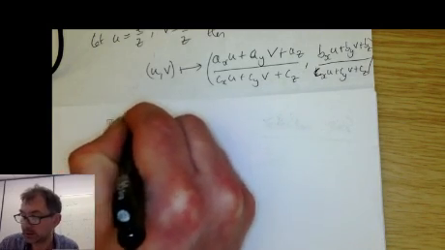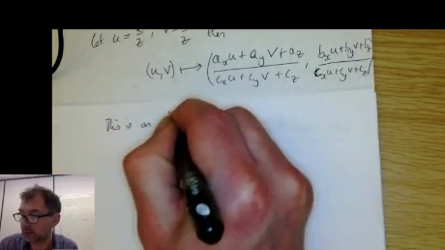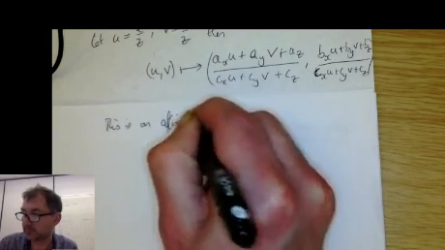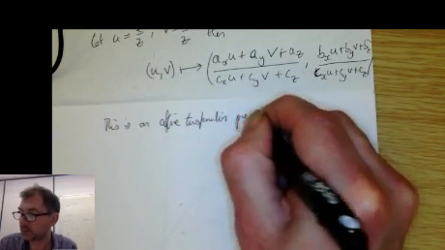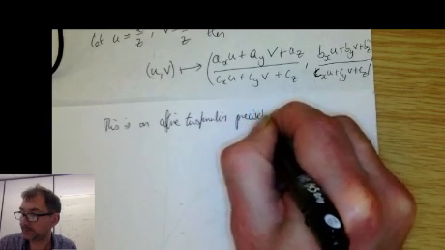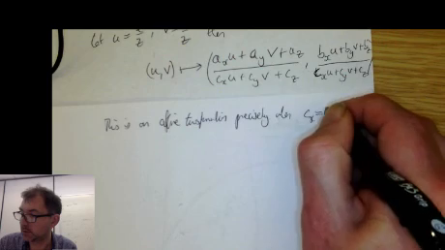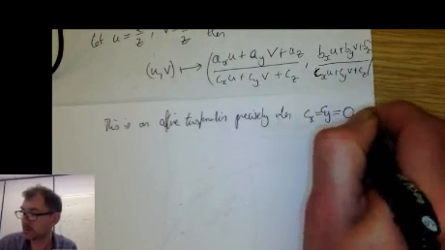So this is an affine transformation precisely when Cx equals Cy equals 0.